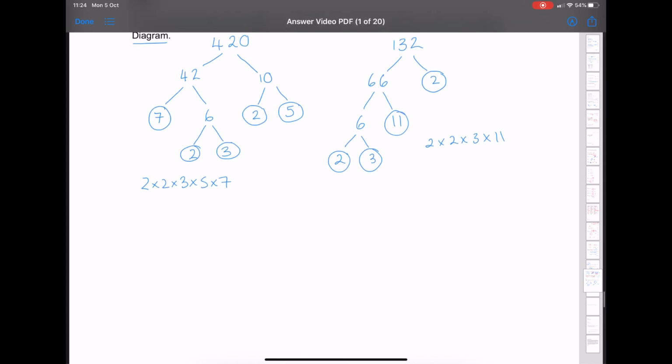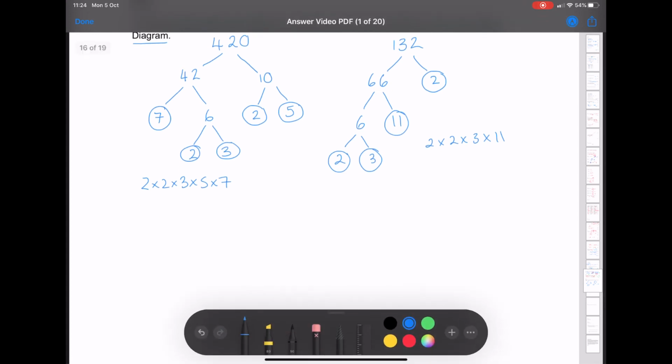Now, what you've got to do now is the Venn diagram. So how this works is you will have, I'll do it in red, just 2 circles, one for 420 and one for 132. And what we need to do in the middle, in that intersection, is the numbers that are in both 420 and 132.